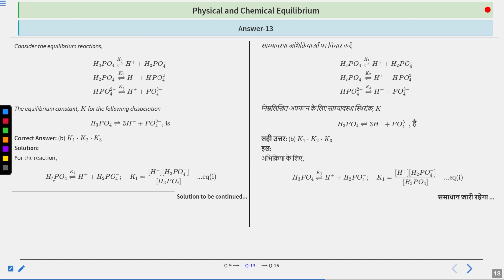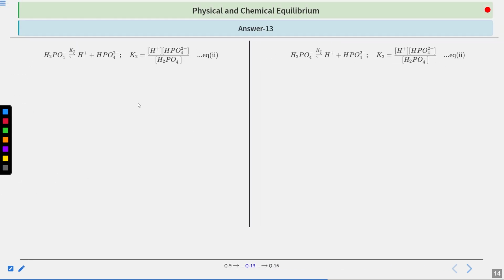If we write for the first equation, K1 will be the concentration of H+ and H2PO4-, which are our products, divided by H3PO4. So this is equation 1. For the second, H2PO4- goes to H+ and HPO4 2-, with equilibrium constant K2.